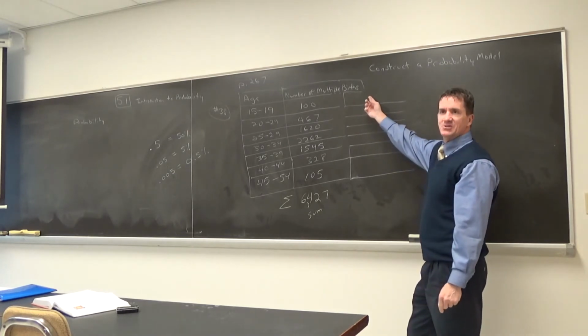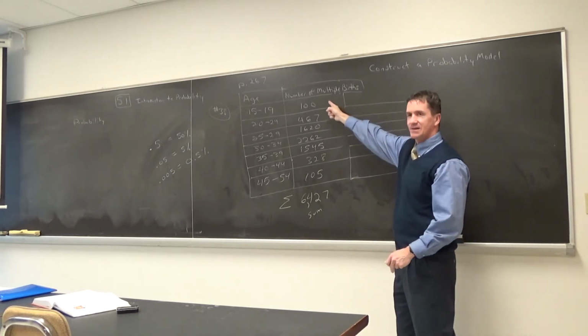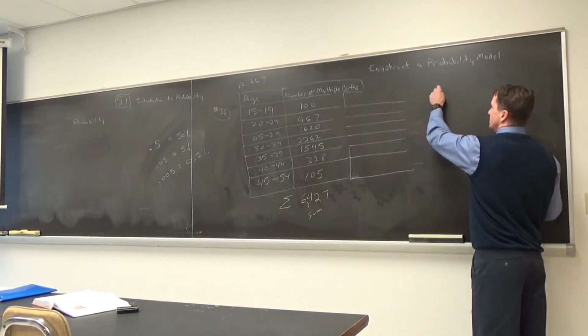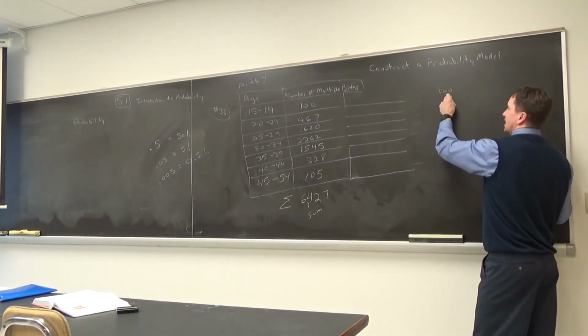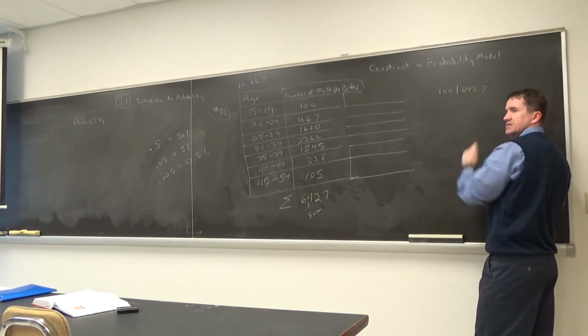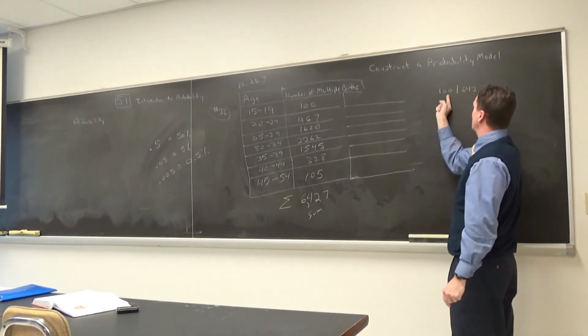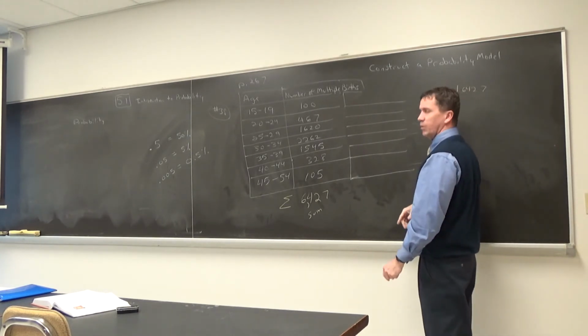Now, we just want to make sure we don't do this backwards, right? I'm going to type this on my calculator. Do I type 100, then hit the division sign, and then the 6427, or vice versa? I'm going to type it like that, right? Oh, good. So that's how we're going to type it on our calculator. What comes up?